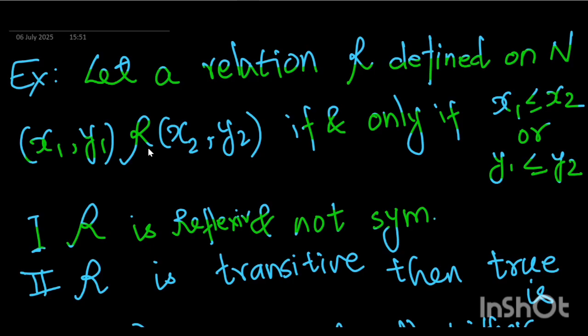If this is true, this is not true, or this is true, this is not true, or both are true, in that case it will be satisfied. If both are true it will be correct. So that is the meaning.